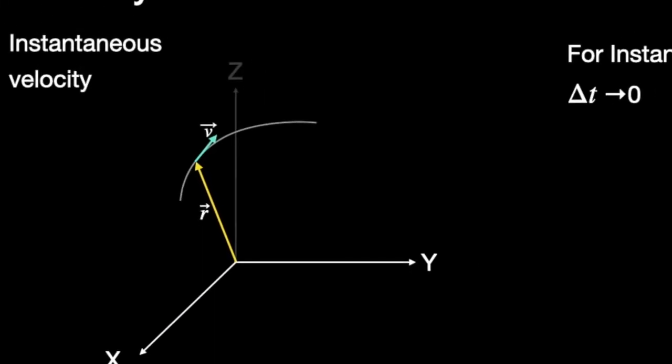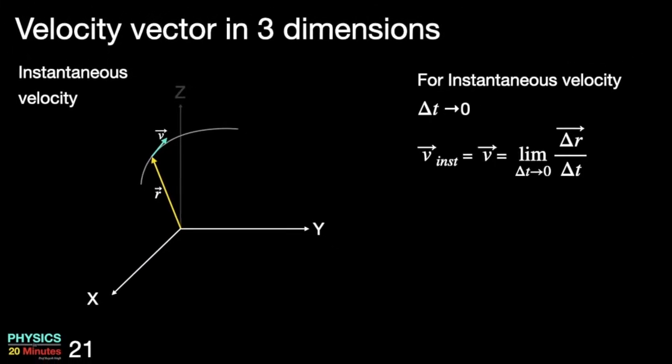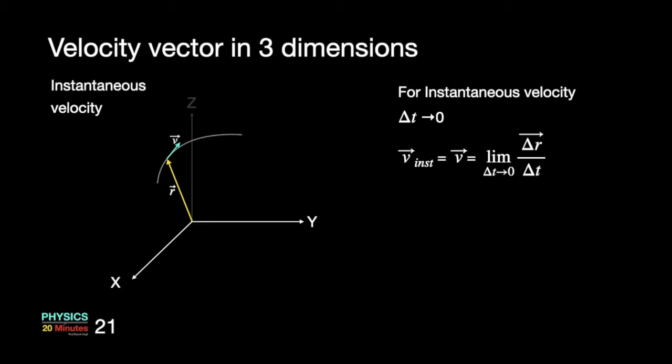For instantaneous velocity, delta t must tend to 0, so we can write vector v instantaneous, or simply vector v, as the limit of delta t tends to 0 of vector delta r upon delta t. But from the derivative video, we have seen that this is nothing but the derivative of r with respect to time. Therefore, v can be written as dr by dt.